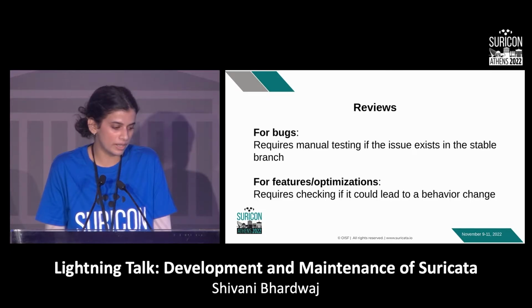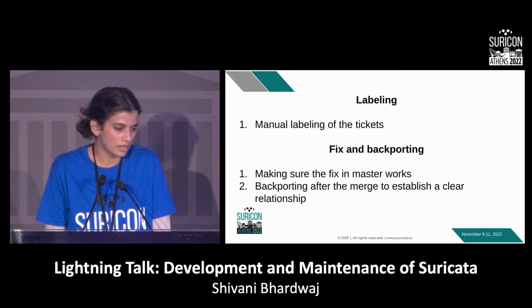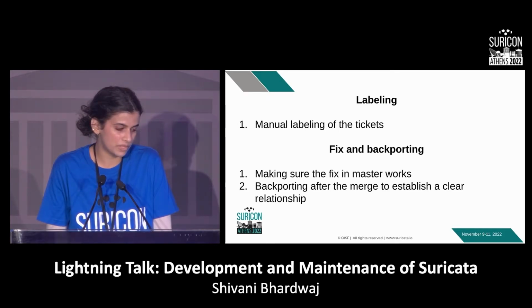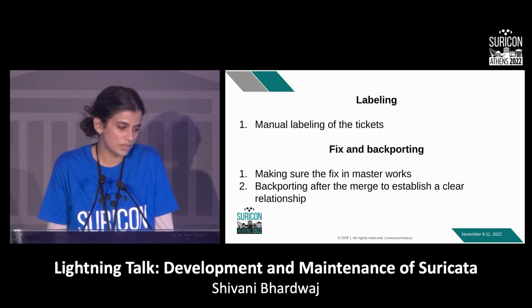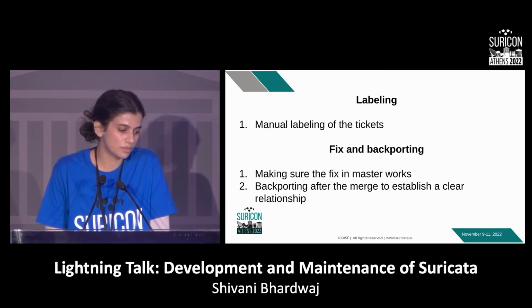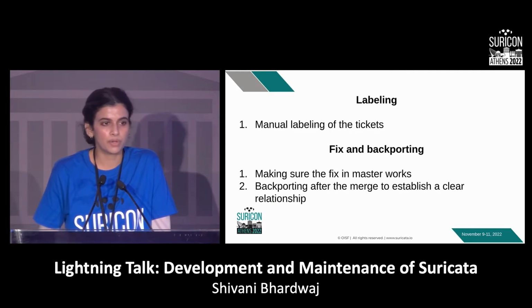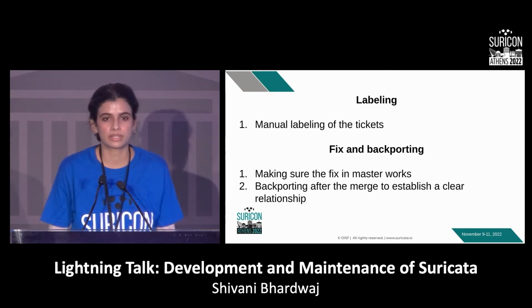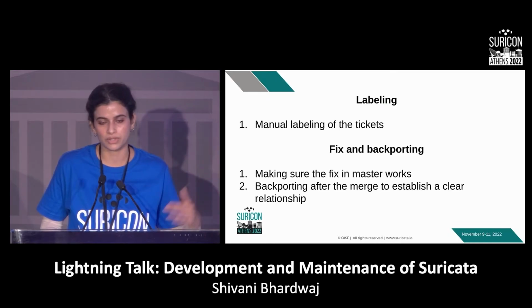We would ideally avoid any major features in the stable branches, but sometimes some may be required. For labeling, we go about manual labeling of tickets. There is probably no other way. And for fixes and backporting, we always make sure that the fix in master works first, and then after the merge is made in master, we go about backporting that so as to establish a clear relationship between master and the stable branch.